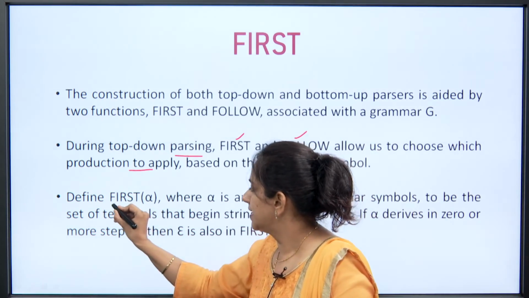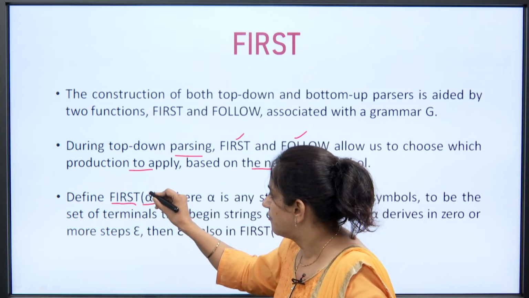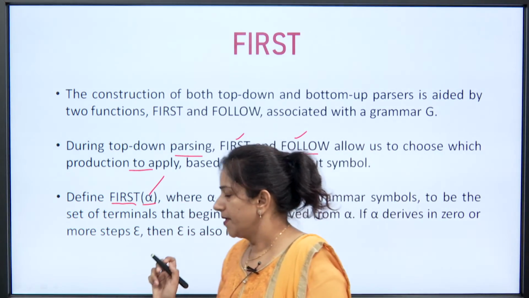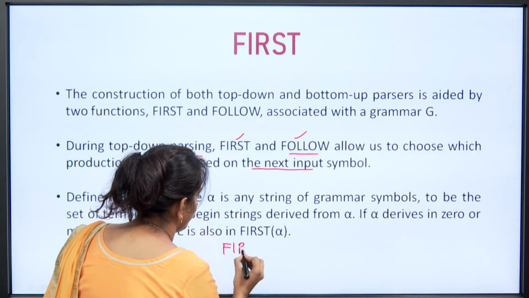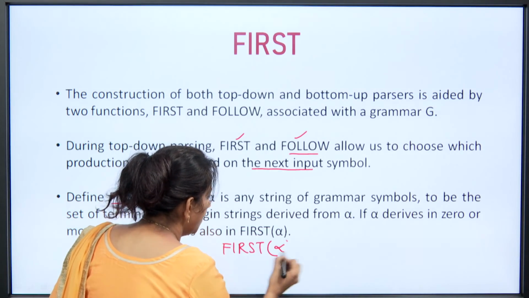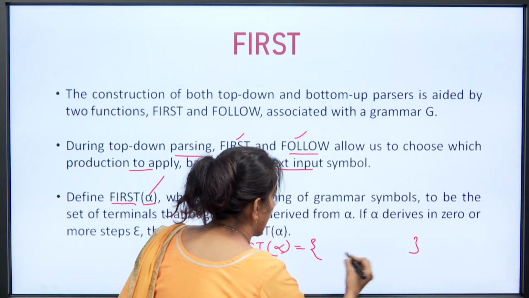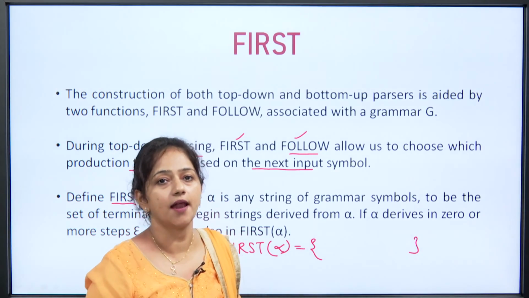So, we need to understand what the first function and the follow function are. It is written as first of alpha. Alpha is a string of grammar symbols, and first of alpha is a set. The set will have certain terminals or epsilon.